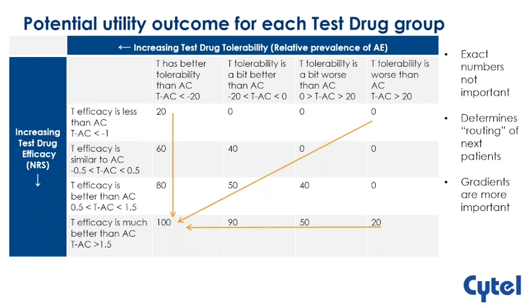Now you notice the gap between the less efficacy and similar efficacy, and that was okay because what we did was we assumed that these values were the midpoints of those ranges, and then we used two-dimensional linear interpolation to get the actual estimated utility from this table for each of the observed differences in tolerability and efficacy.